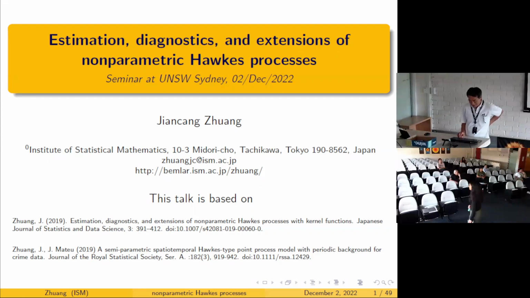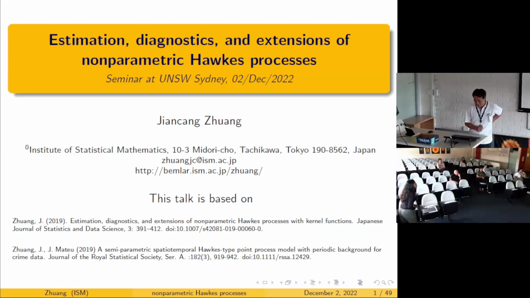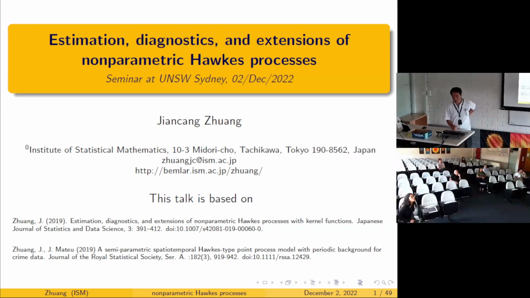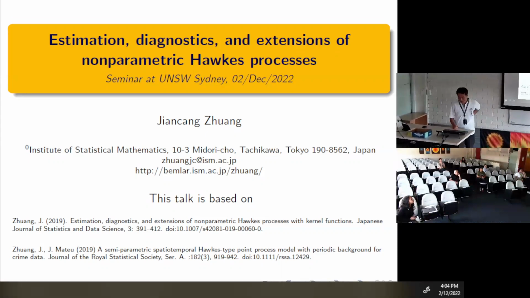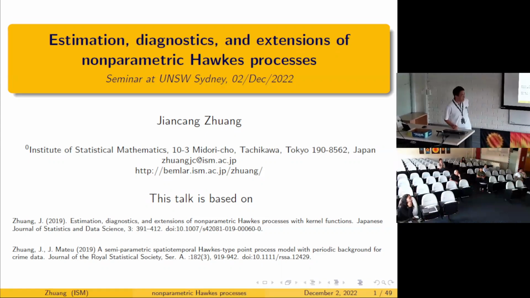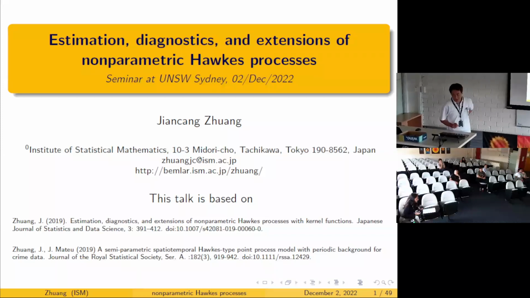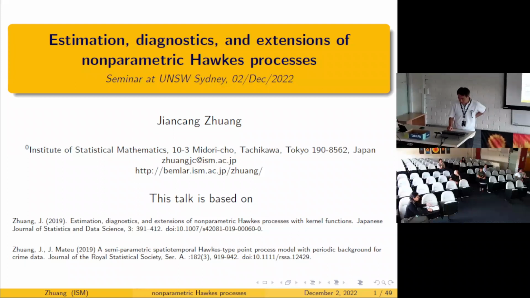My name is Jiancang Zhuang from the Institute of Statistical Mathematics. It is a national research institute located in the west part of Tokyo. My research interests are mainly point processes, statistical seismology, and Bayesian analysis.